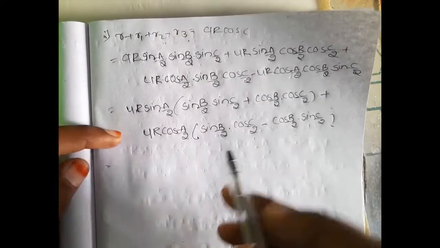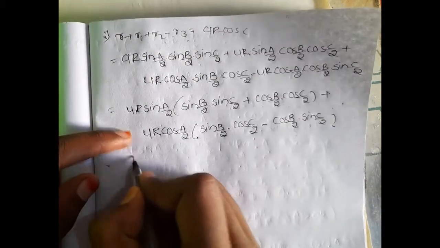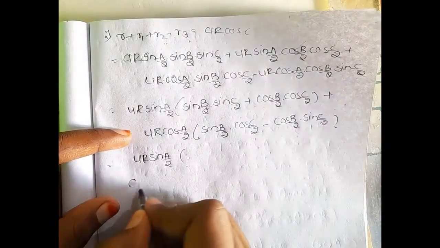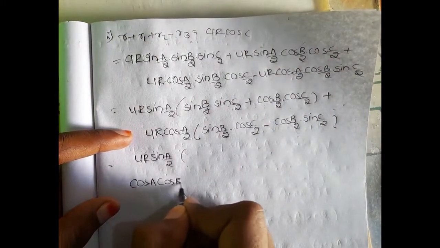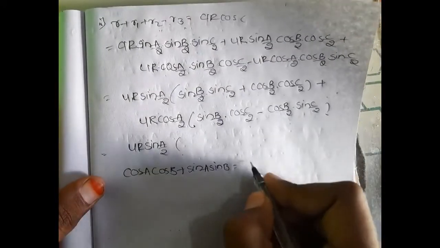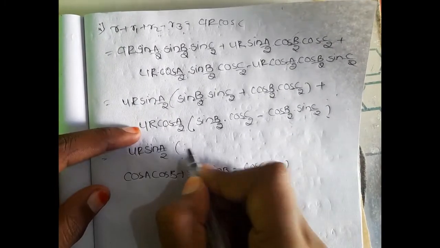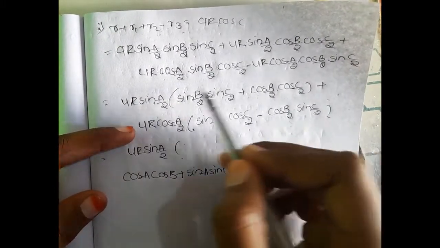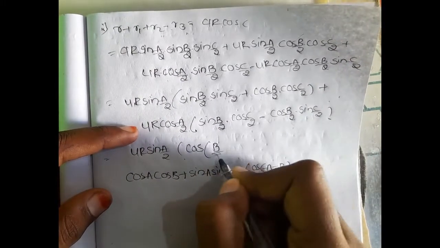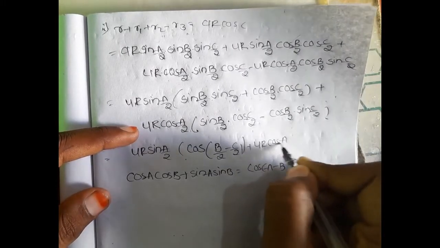Okay. So now it is in the form of sin a sin b plus cos a cos b. So what is the formula of this, cos a cos b plus sin a sin b? This is equal to cos of a minus b. What is a and b here? B by 2 and C by 2. So cos (B by 2 minus C by 2) plus 4R cos A by 2.